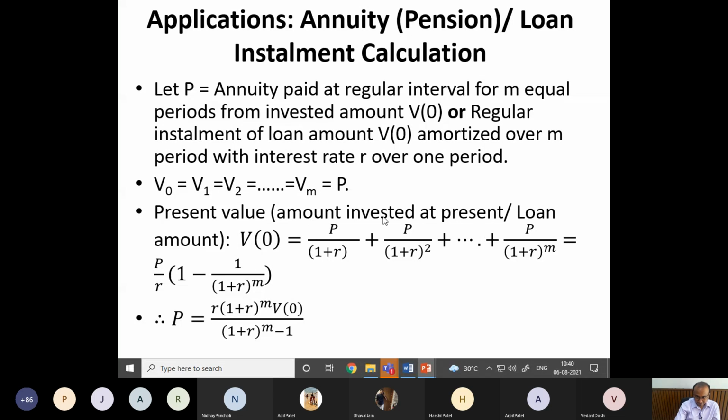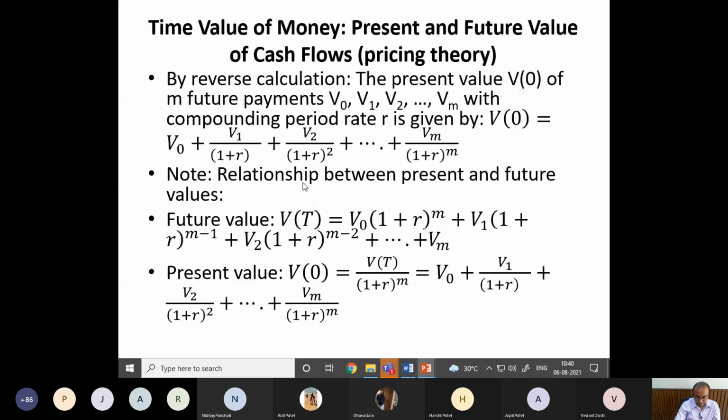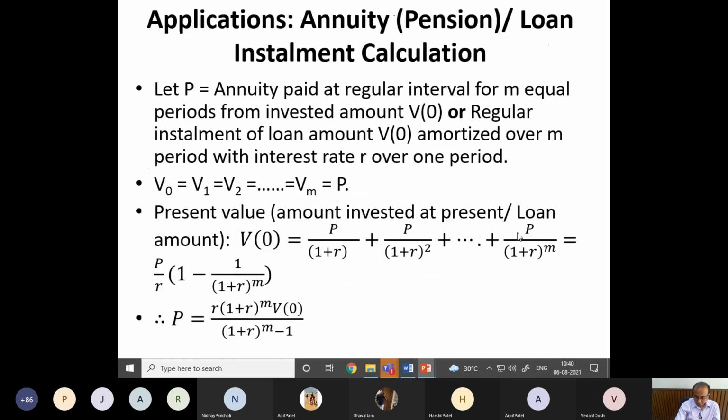So if I substitute this now, what happens in my formula? V0 is equal to 0, and then V1, V2, Vm are all replaced by P. The interest rate per period is R, so it remains the same with the compounding. Then if I take P divided by 1 plus R common, it becomes a geometric progression series.